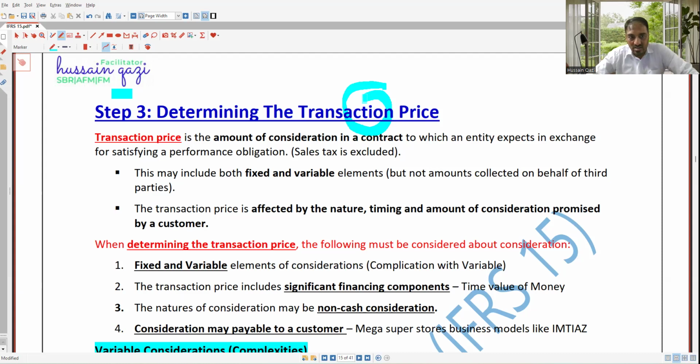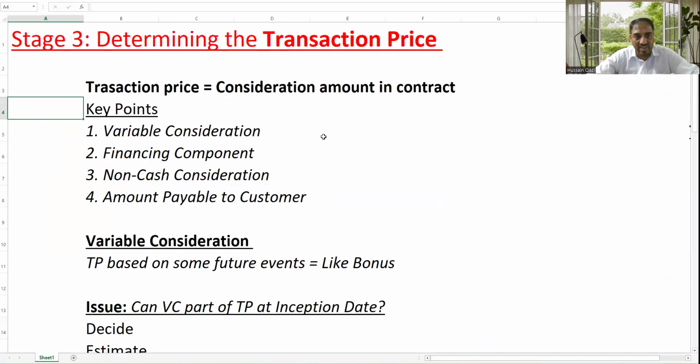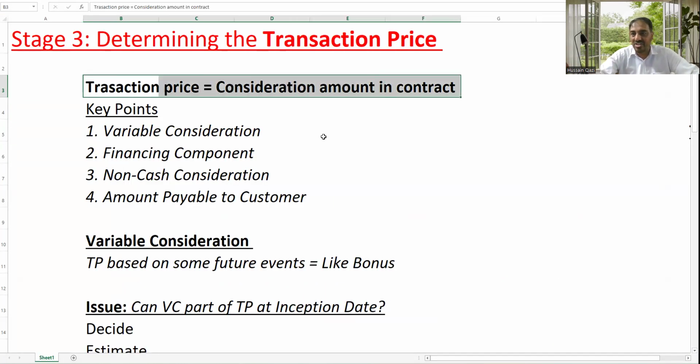Complete transaction price. So if you are going to draft your answer, transaction price is the amount of consideration in a contract, the amount of complete consideration of the contract which the entity expects in exchange for satisfying performance obligations. No sales tax, no sales tax. So very simple, transaction price means consideration amount in a contract, total consideration amount in a contract.